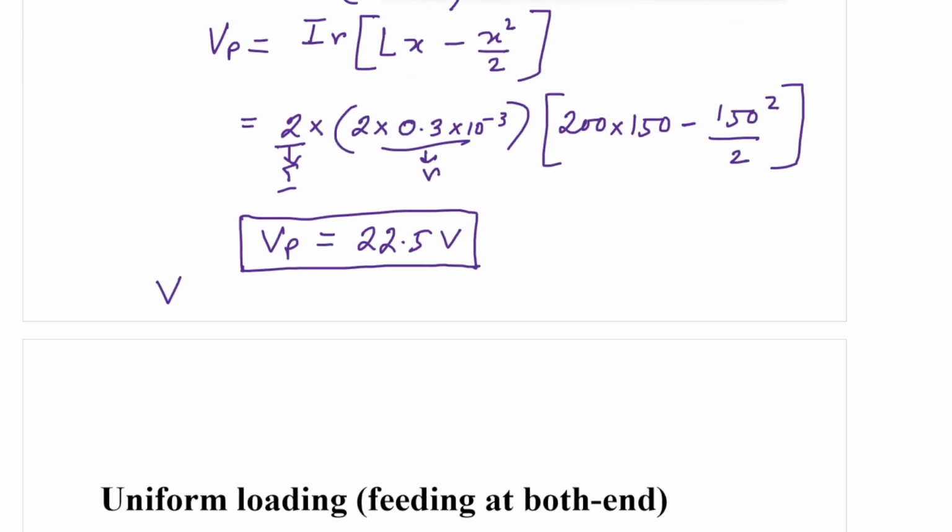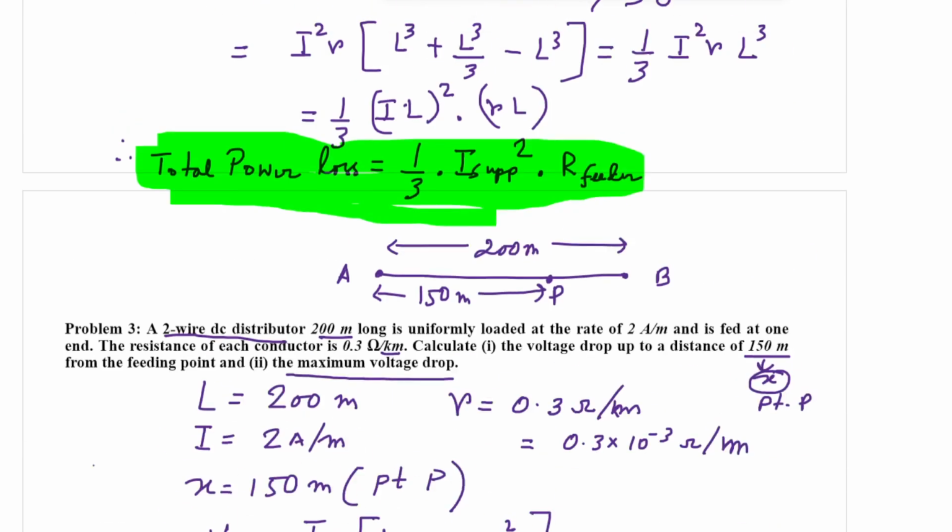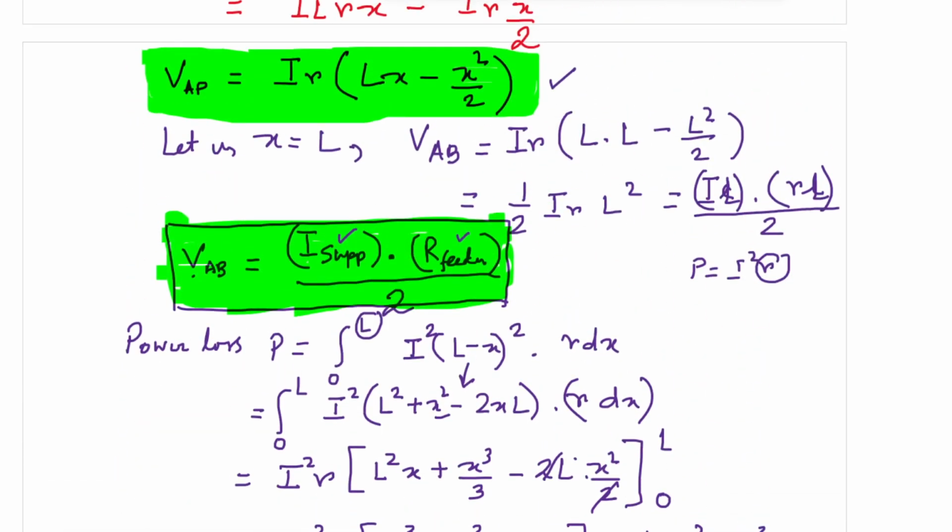So the maximum voltage drop is nothing but VAB. Now what is VAB? VAB is given by this expression.